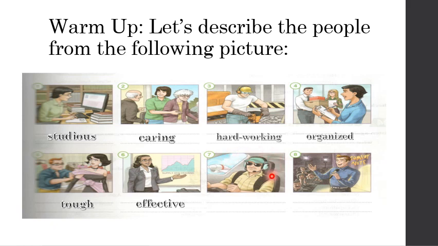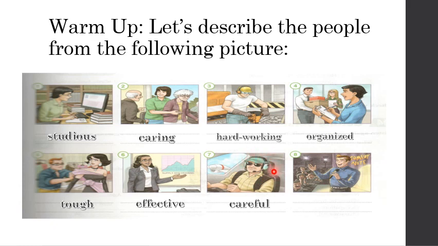Based on this picture, as you can see, perhaps you can describe this man as careful. Huh? Maybe you could say he's careful in driving.